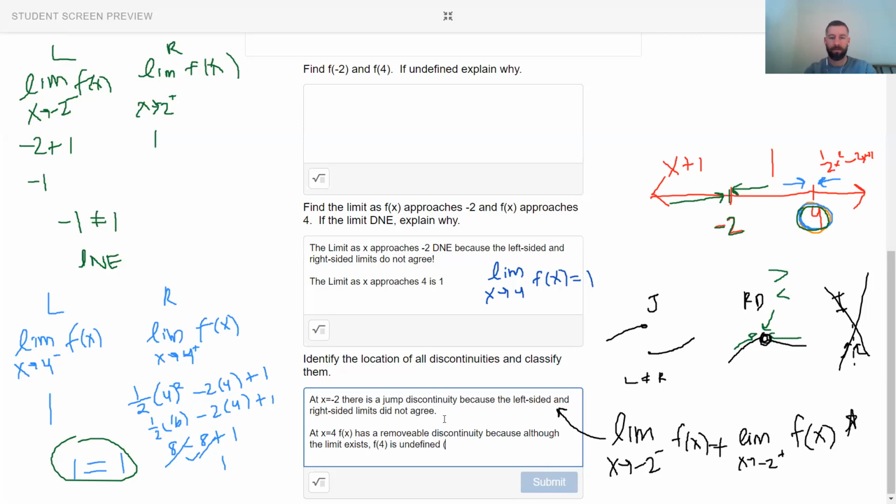Okay. And that's really what I would want to say in something like that. So it's okay that the limit exists. It's just that there's no y value actually at that point to take the instantaneous y value.